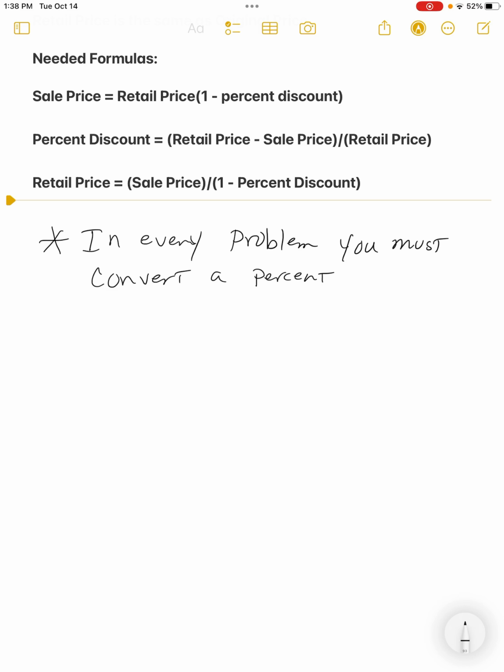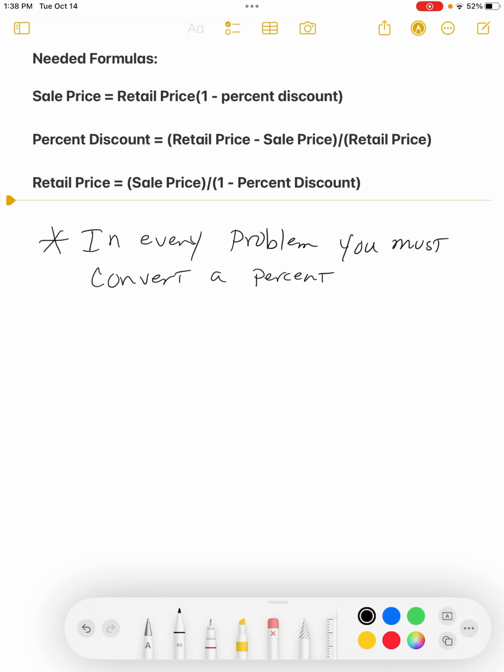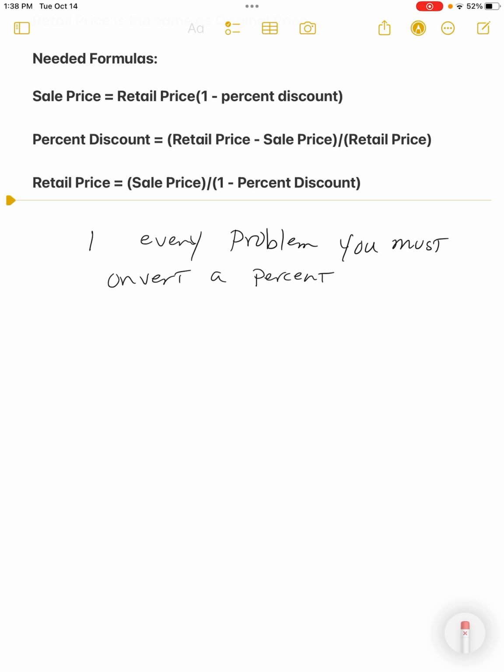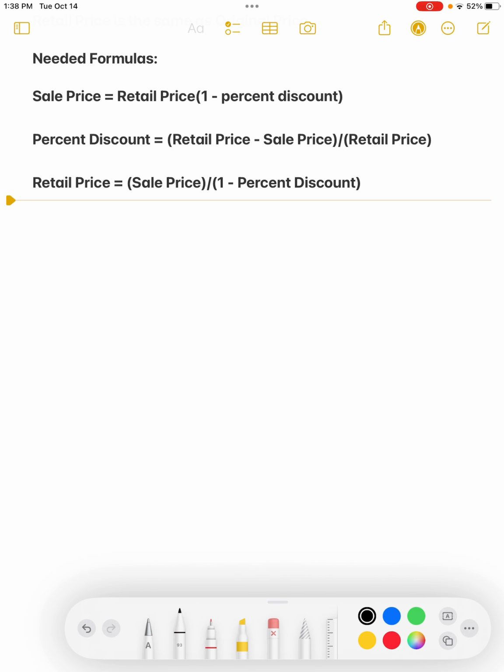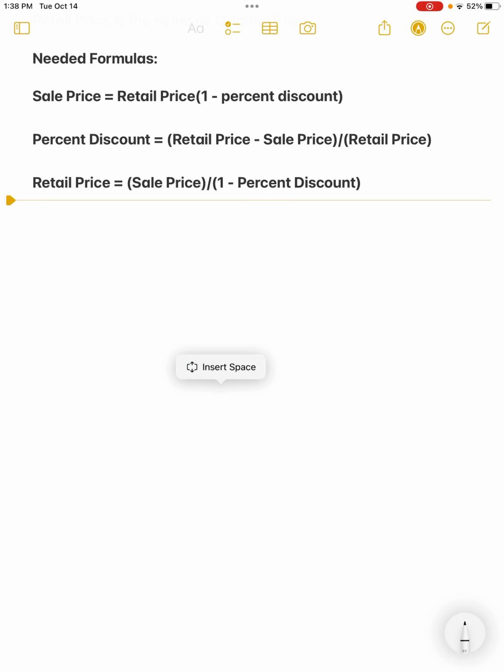You'll see that happen in each problem, but I just wanted to remind you that in every problem, you're going to have to convert a percent to its real number. So if you haven't done a conversion, you've done it wrong, is what I always want you to have in the back of your mind.